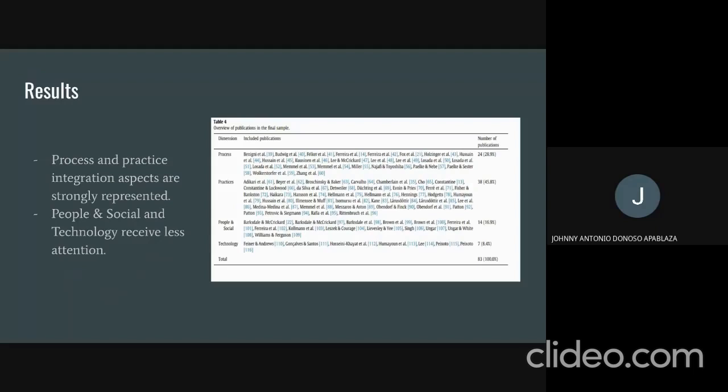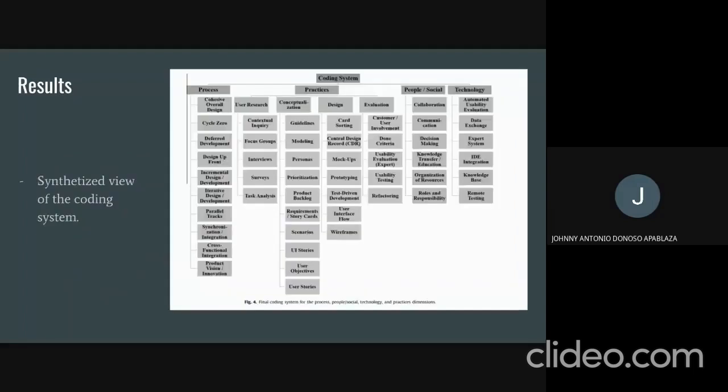The analysis revealed that both process and practice integration aspects are strongly represented in the final sample, while people and social and technology integration aspects were discussed in fewer papers. The next result is a synthesized view of the coding system.